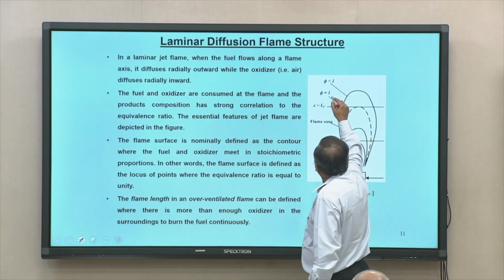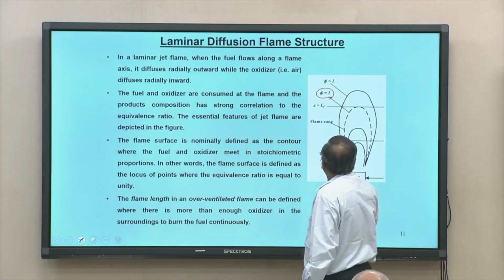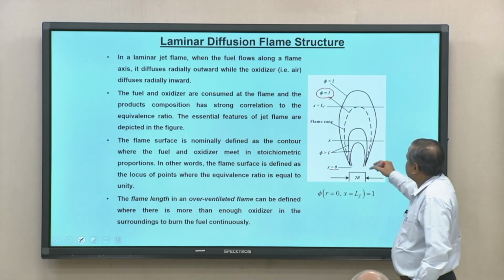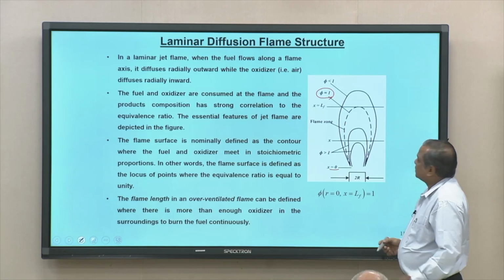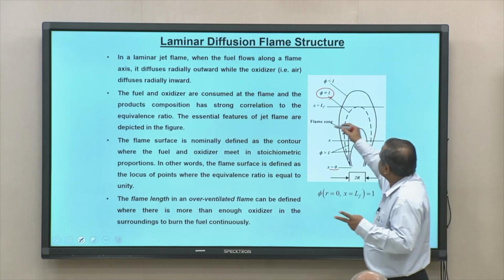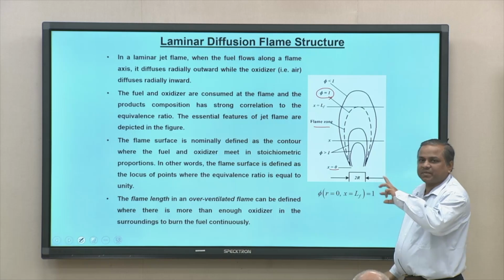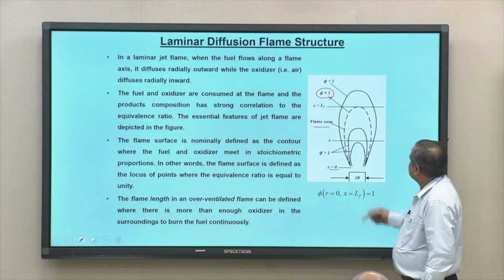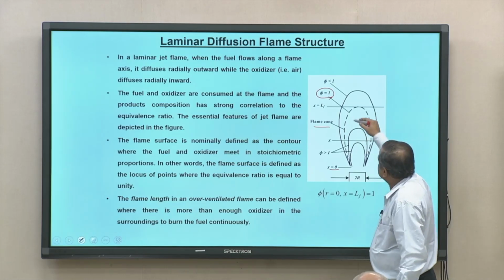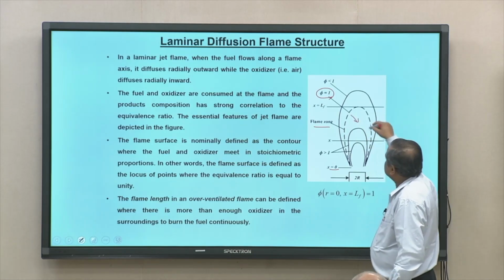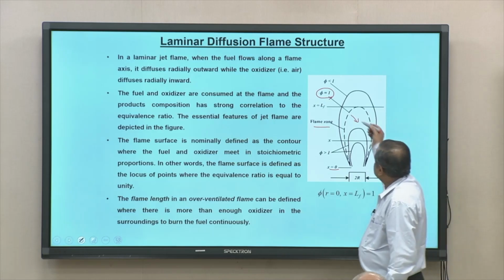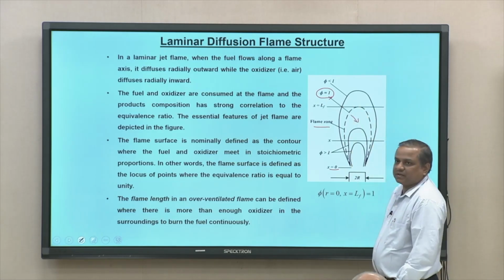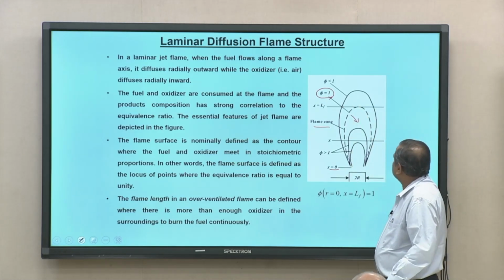That shape is called phi equal to 1. That is the zone which separates the two regions, which is called the flame zone. It separates two regions, one is rich fuel, the other is lean fuel. So below this line it is fuel rich, above this line it is fuel lean.